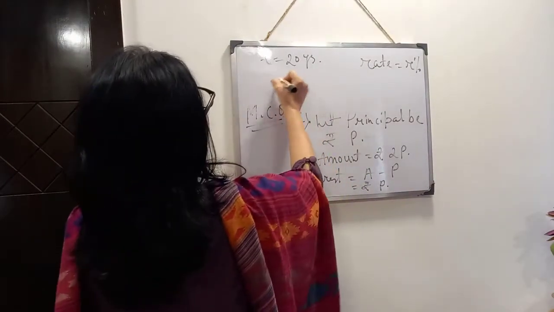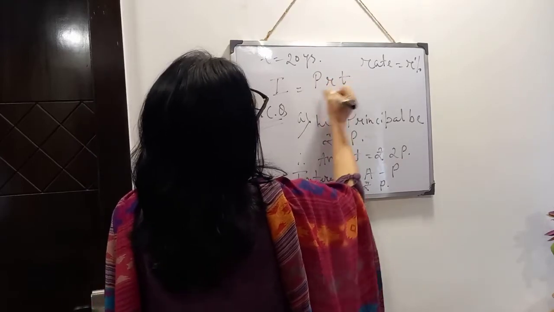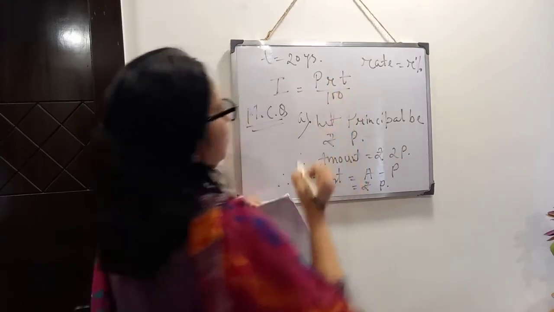Simple interest, I equals to PRT by 100.